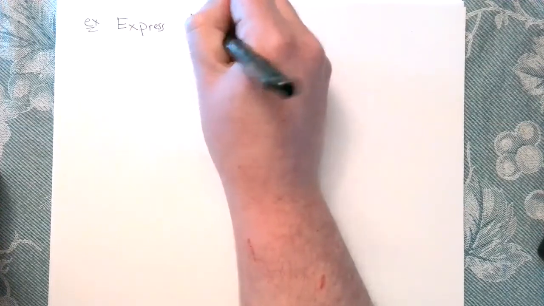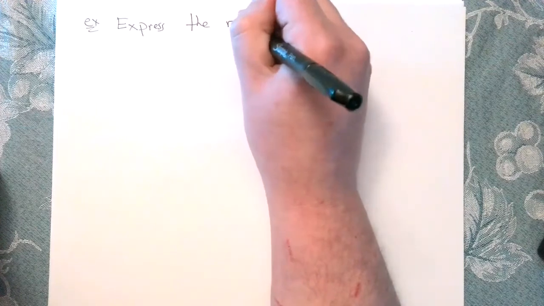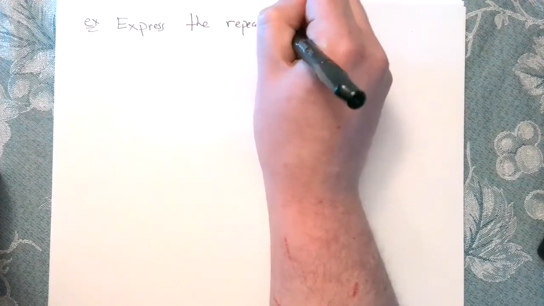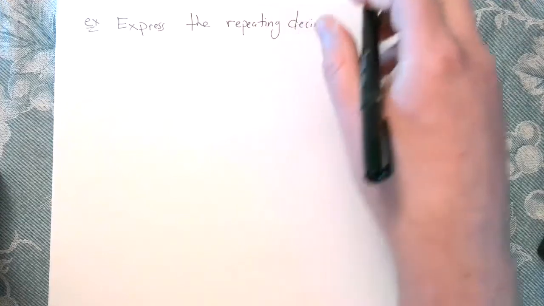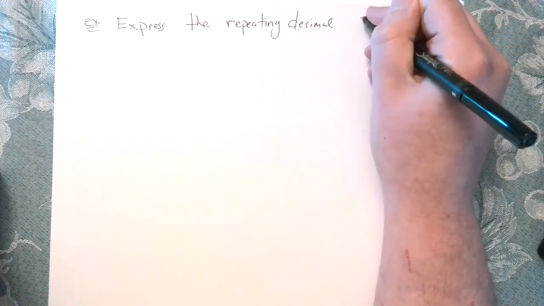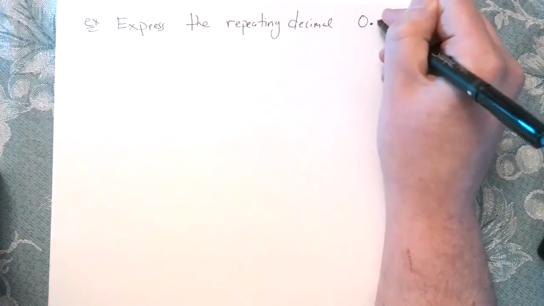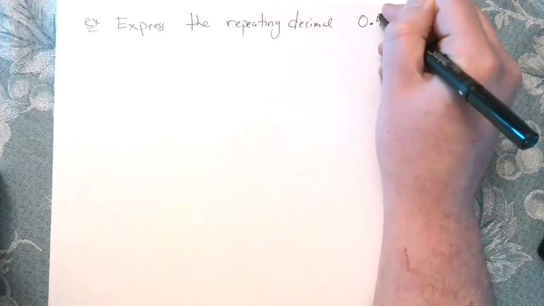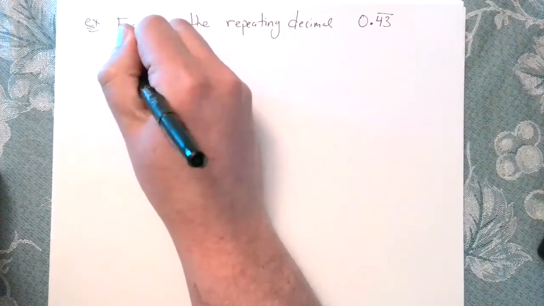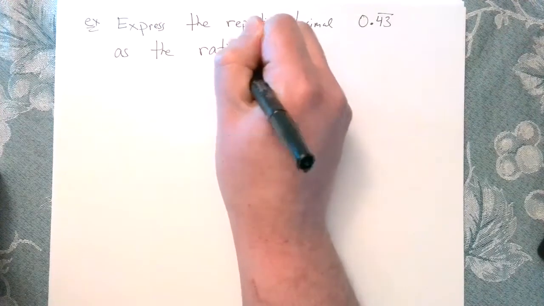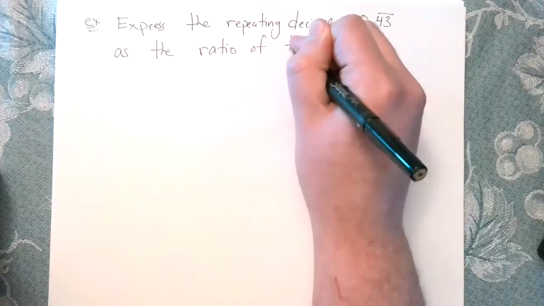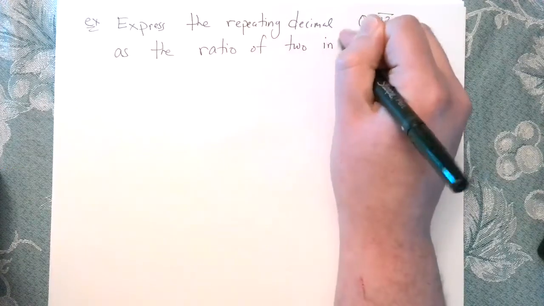So I'm going to say express the repeating decimal as the ratio of two integers.